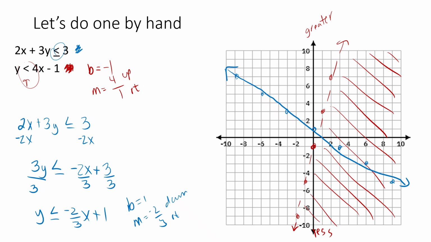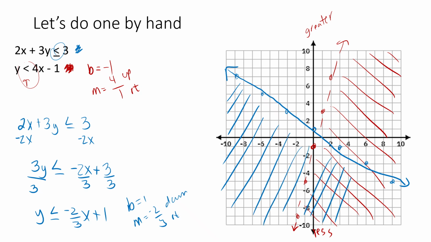So this one is a less than, so we are going to shade the less than side. And I'm going to do this with lines. And these lines, you'll notice, are going in a different direction than the red ones. Now, you can also do a nice shading with your highlighters or with your colored pencils. So I might have one color shading and then another color shading over it.